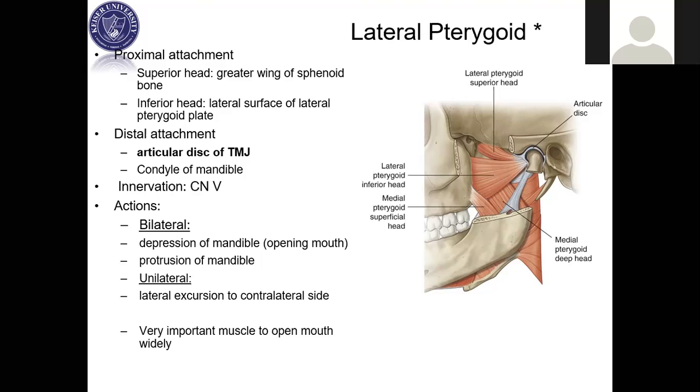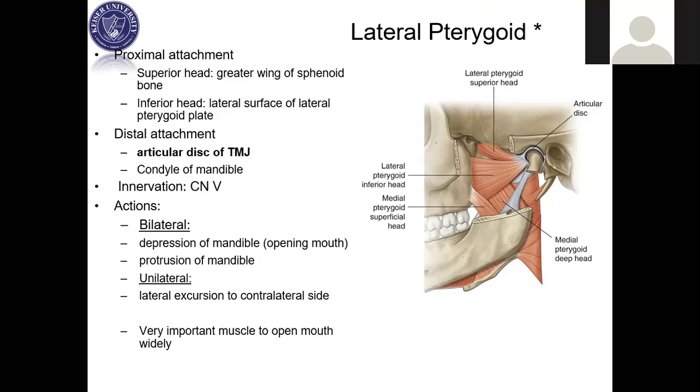Well, it's because of this articular disc. When that articular disc is blocked, it's going to keep your mouth from opening and closing correctly. So the lateral pterygoid is the muscle of chewing that we are going to need you to know.